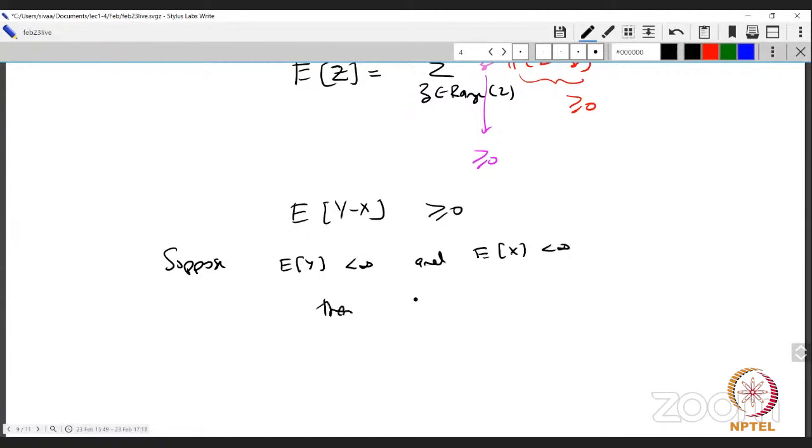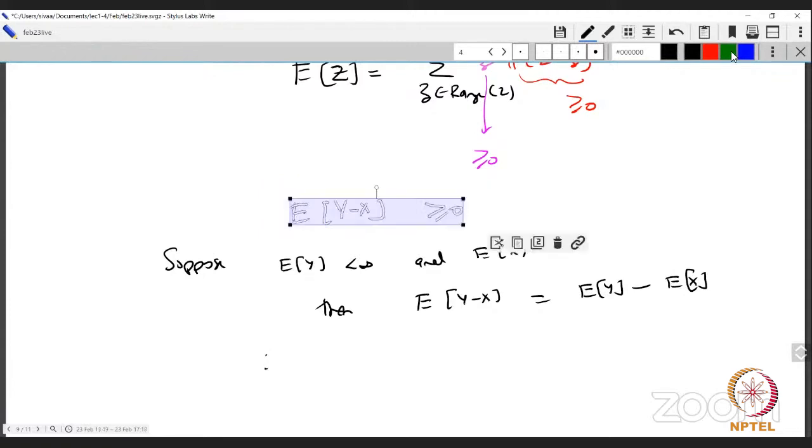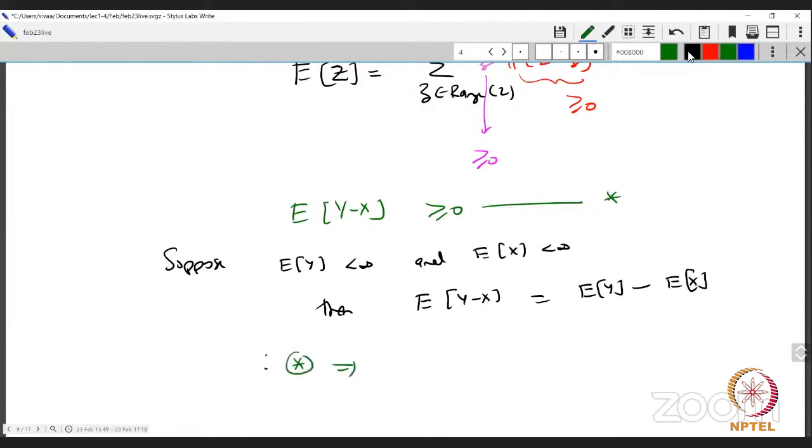Then E of Y minus X by linearity is the same as E of Y minus E of X. Let's call this a star. So star will imply E of Y minus E of X is non-negative. That means E of Y is always bigger than or equal to E of X whenever they exist.